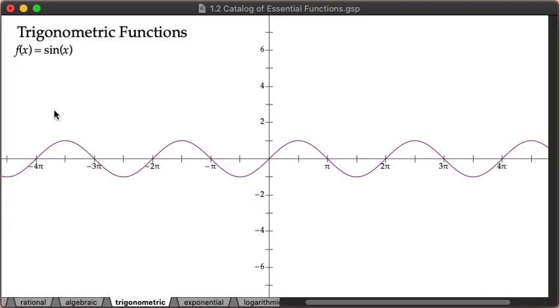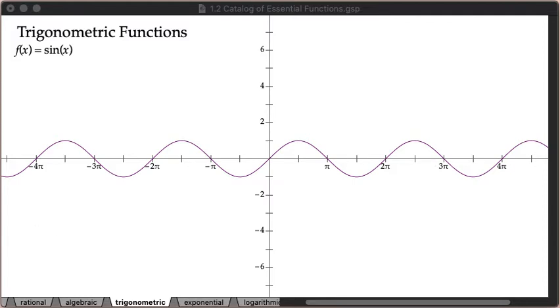So the trigonometric functions, you should know how they are defined. You should know all of their domains and their ranges. Also, the trigonometric functions are all periodic, so you should know what their periods are. If you need to review those, I believe it's in Appendix D in the book, which has trigonometry.